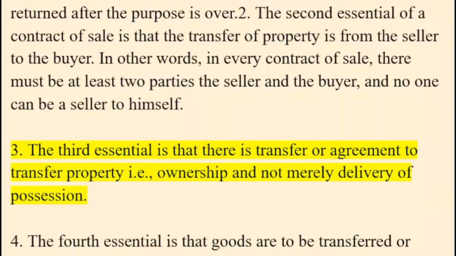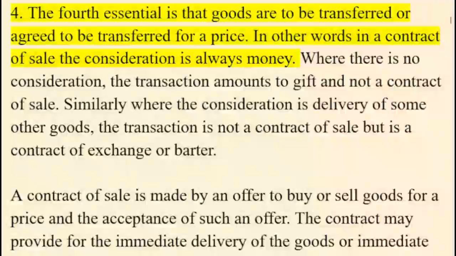Three. The third essential is that there is transfer or agreement to transfer property, i.e., ownership, and not merely delivery of possession. Four. The fourth essential is that goods are to be transferred or agreed to be transferred for a price. In other words, in a contract of sale, the consideration is always money.